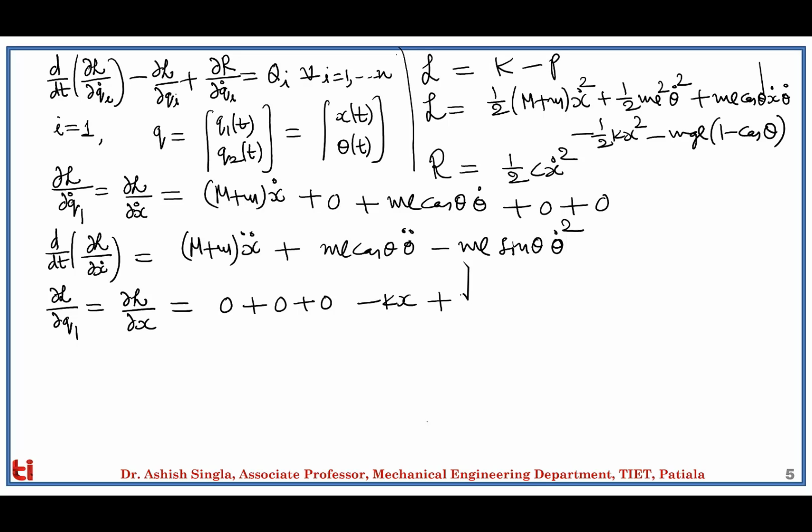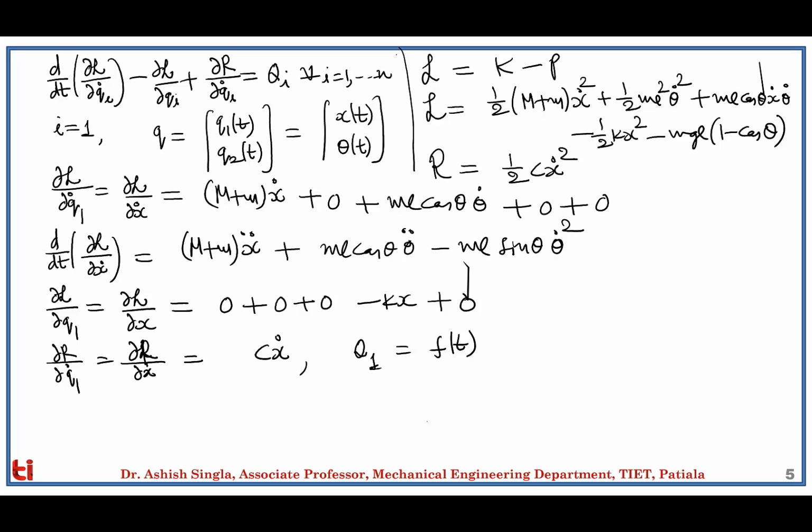So that is equal to minus kx. And del R by del q1 dot, which is equal to del R by del x dot, can be written as c x dot. And finally we have Q1 is equal to F of t, that is the external force being applied on the cart. So we have calculated all the terms.